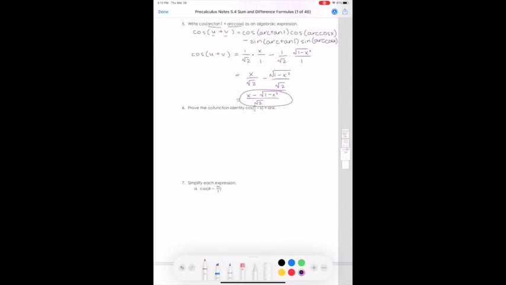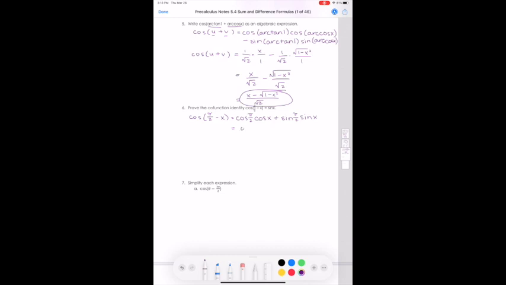Right, number 6, prove the cofunction identity, and then it's given to you. So the one with the subtraction, we are going to write out using the difference formula, and we want it to simplify into sine x. So let's see if that happens. Alright, so the cosine of pi over 2 is 0.